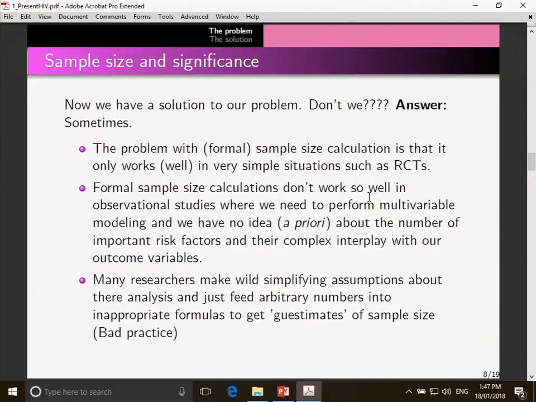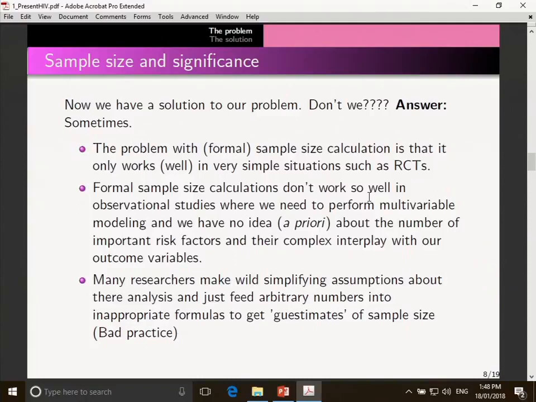As soon as we start going to observational cohort studies, where we need multivariable modelling and there's a complex interplay between all our predictors, there's confounding, effect modification, all sorts of horrible things going on. The problem is we don't know before we conduct the analysis how to fit all of this into a formula, and these formulas don't really exist. Not well, anyway. They don't work well.